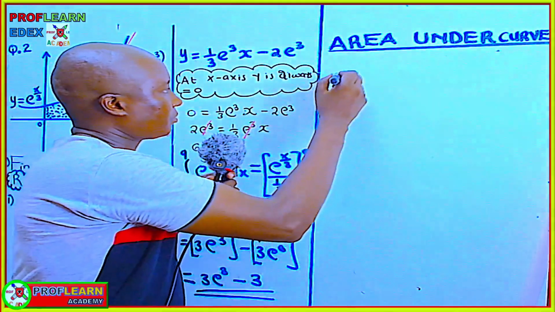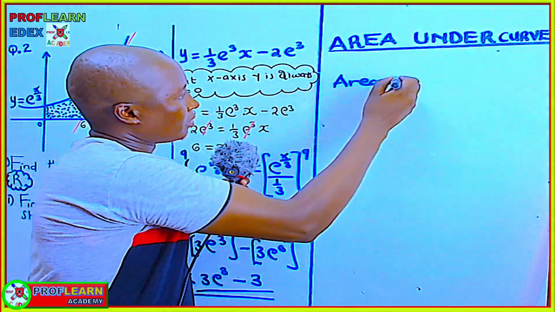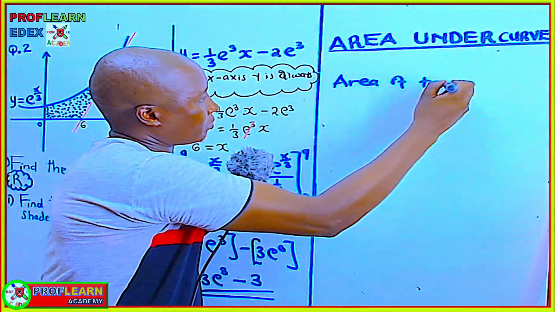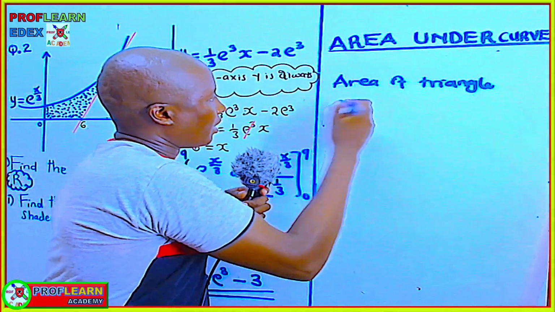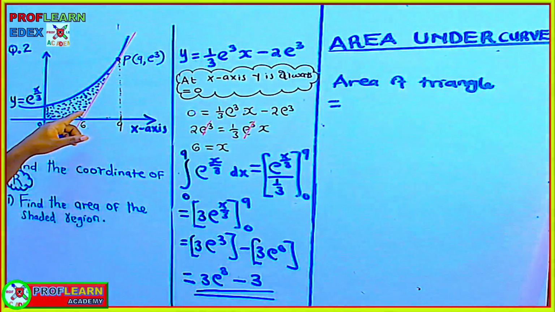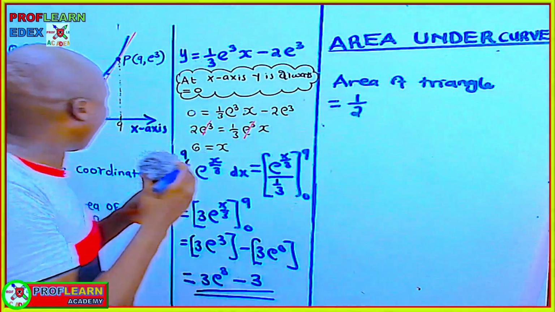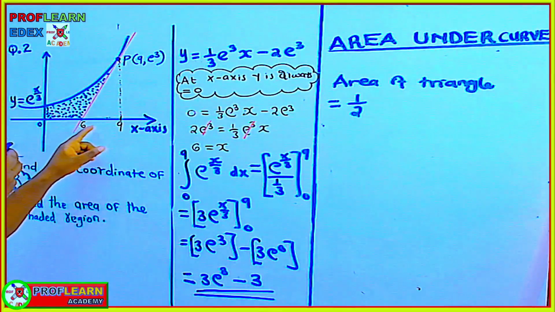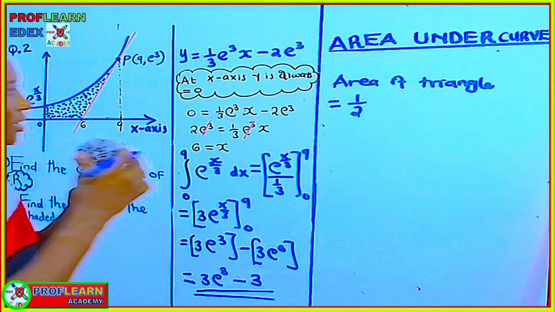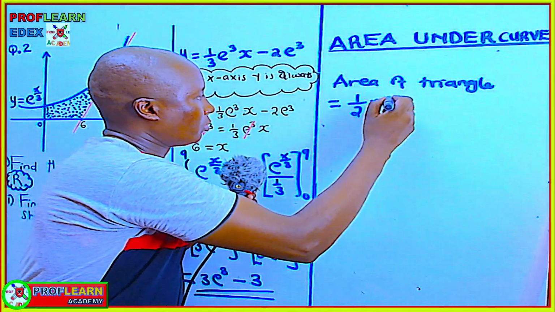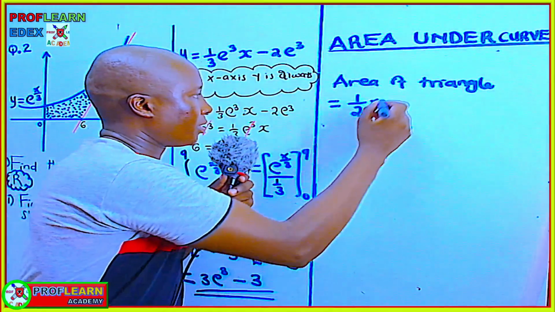Now, area of the triangle. The area of this triangle that we have here is going to be a half times the base. The base is going to be 9 minus 6, which is equal to 3.